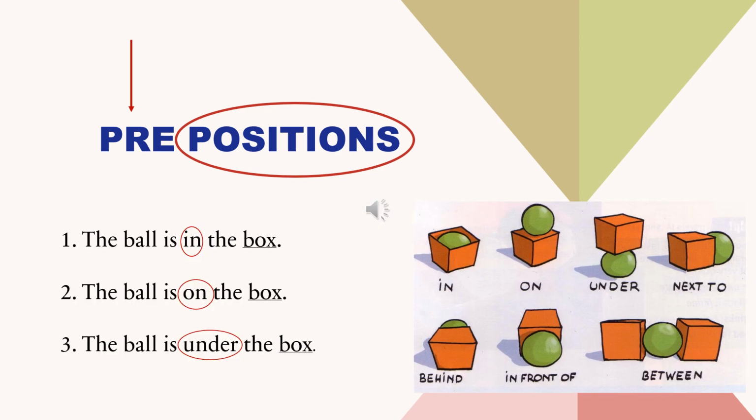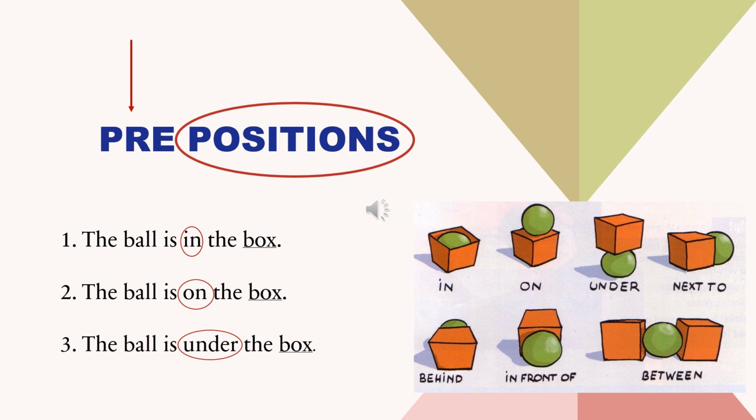Now, one more thing, the word prepositions also had the word pre in it. Pre means before. Therefore, prepositions always come before the position of the object or before the reference point. For example, again in the picture, when we describe the position of the ball, it is in reference to the box.